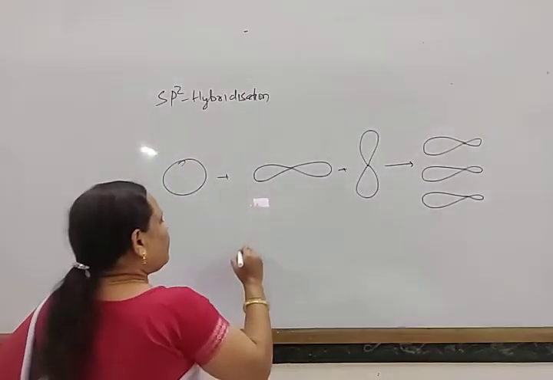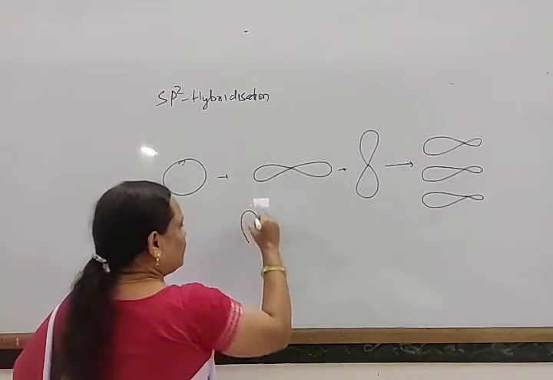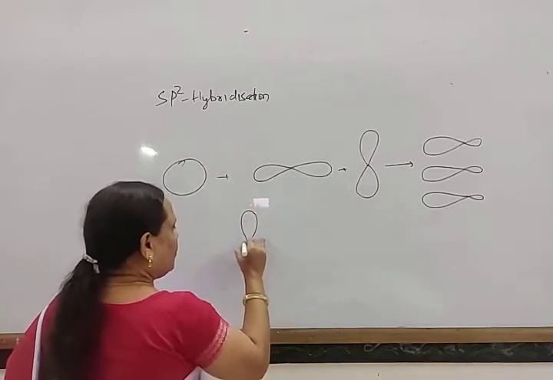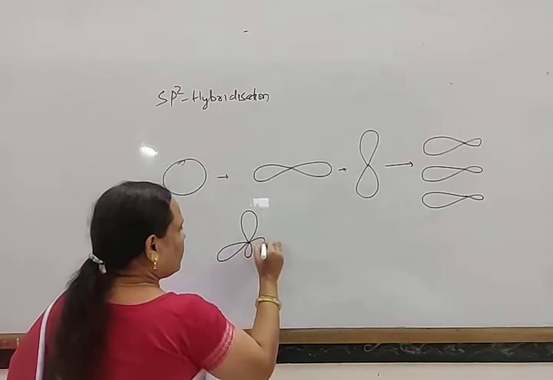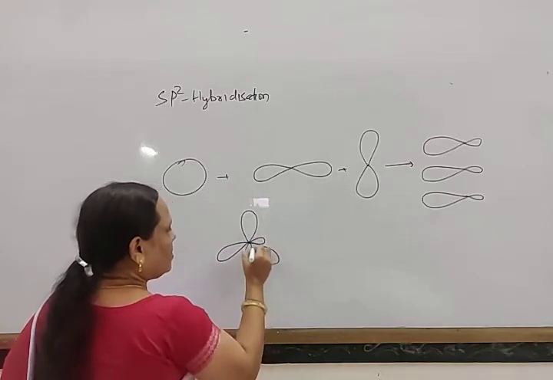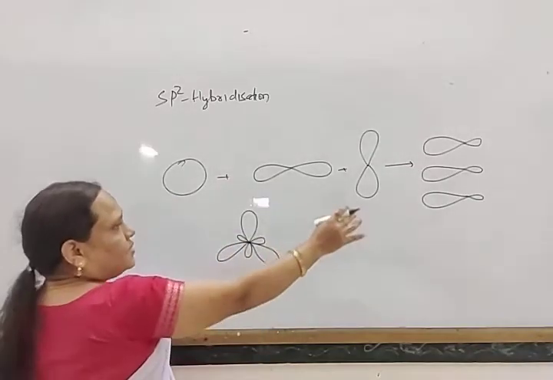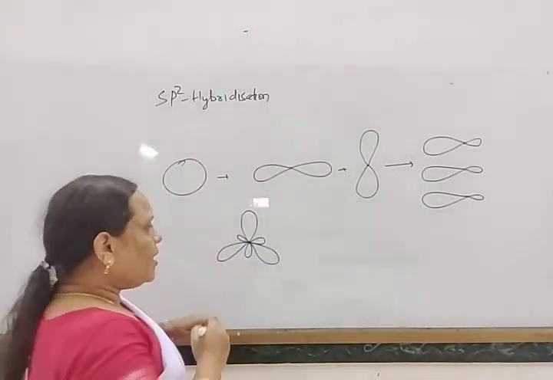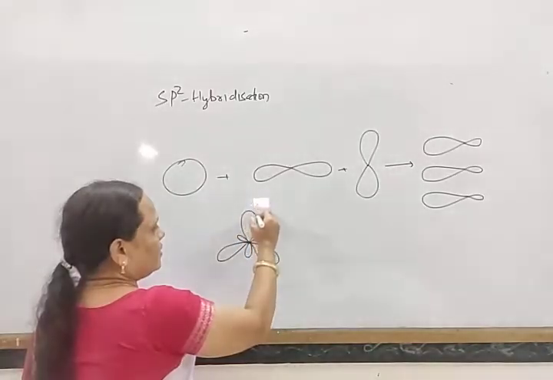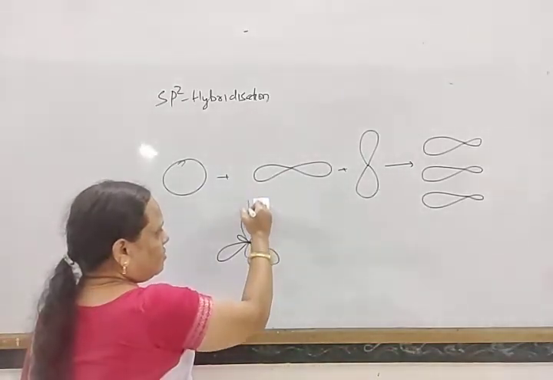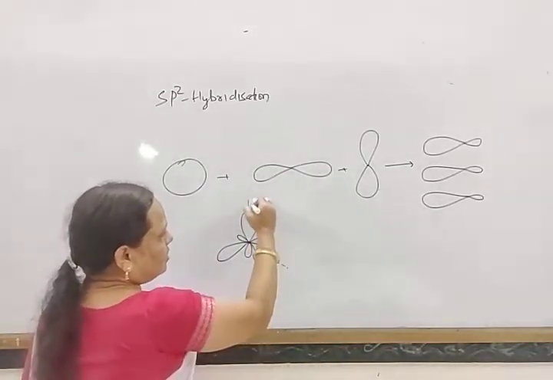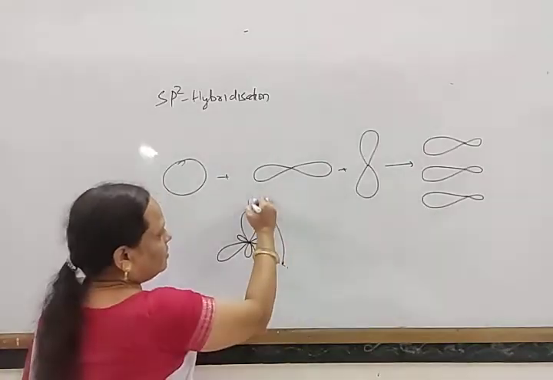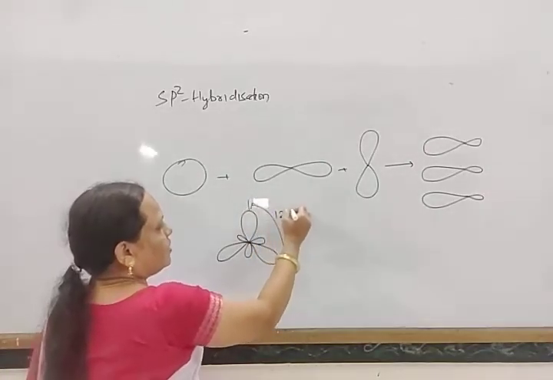They orient themselves this way, one here, another here, and another here. These orbitals are reoriented making an angle of 120 degrees; if we draw an imaginary line from here to here, the angle between them is 120 degrees.